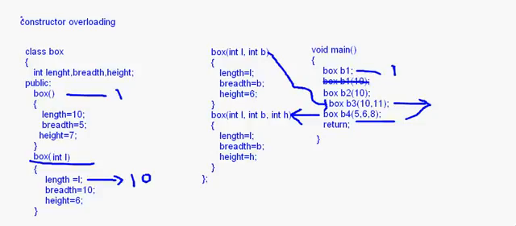So this is called constructor overloading, and for constructor overloading you have to first of all understand the concept of parameterized constructors and implement that in constructor overloading. So with that I come to the end of this topic on constructor overloading. Thank you.